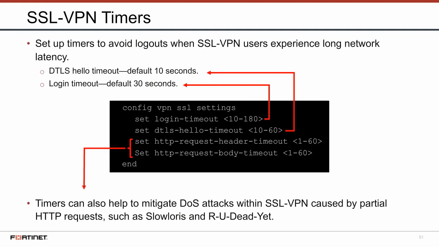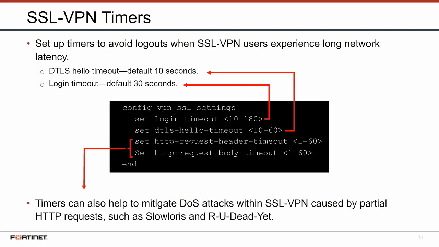During a long network latency, FortiGate can time out the client before the client can finish the negotiation processes, such as DNS lookup and time to enter a token. Two new CLI commands under config vpn ssl settings have been added to address this. The first command allows you to set up the login timeout, replacing the previous hard timeout value.